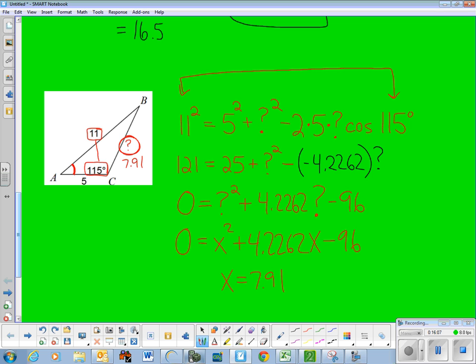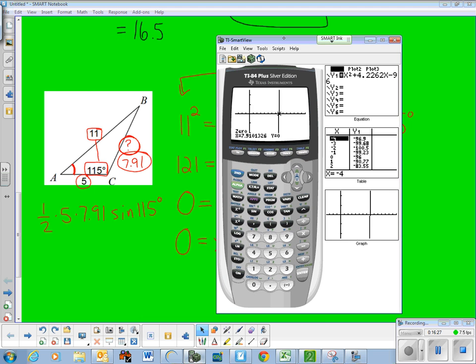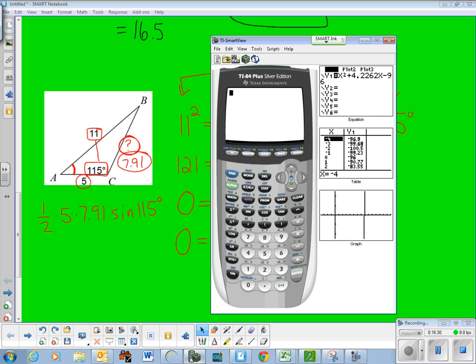Now that I know the 7.91, I could also do 1/2 BC sine A. So I'm going to do 5, 7.91, and sine of 115. All right, so once you've filled in more info, you've got more options. All right, let's see. 1/2 times 5 times 7.91 times the sine of 115 degrees is 17.9.